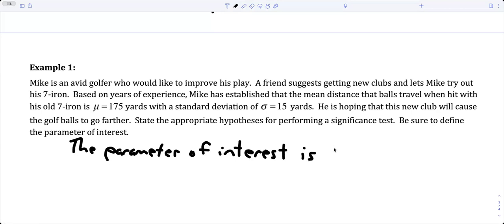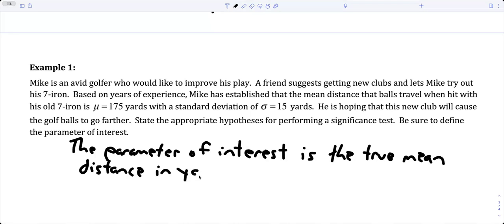The parameter of interest is the true mean distance in yards the balls travel when hit with the new 7-iron.